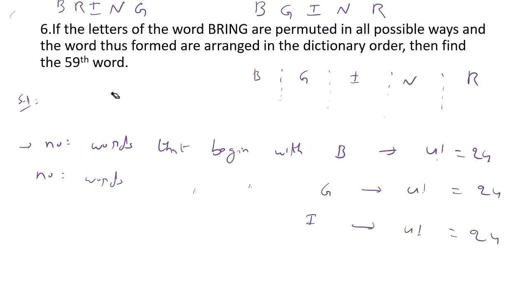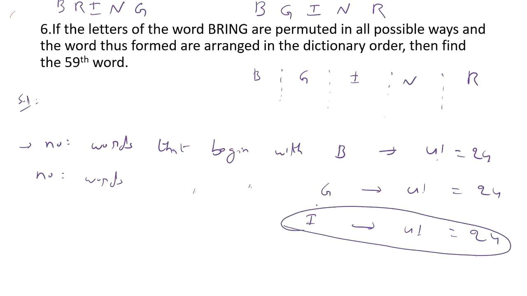But we want the 59th word. Therefore, our 59th word will not be in the first page, will not be in the second page, it will be in the third page. So the 59th word begins with I. If I add this 4 factorial, then the number goes beyond 59.